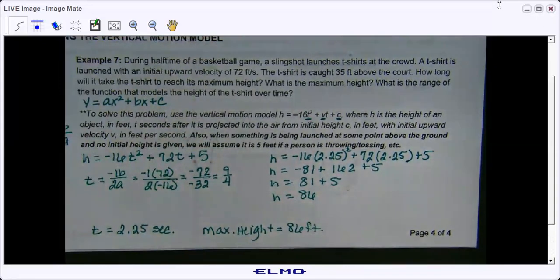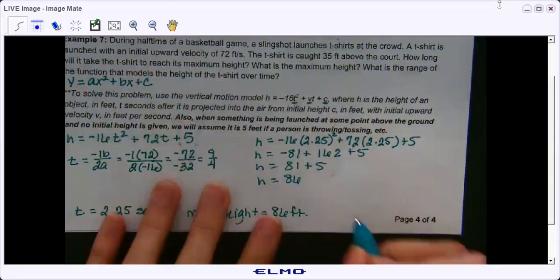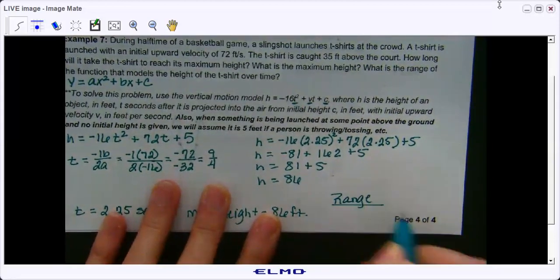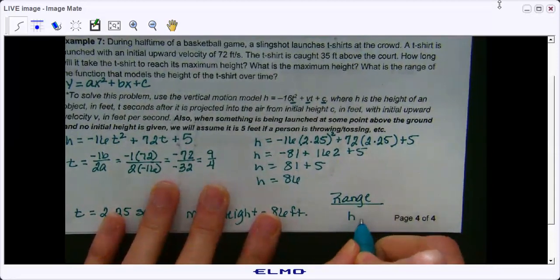And then it asks for the range. Okay. What is representing the range, the height or the time? The height is. So when we write out our range, the range is your height, also y.